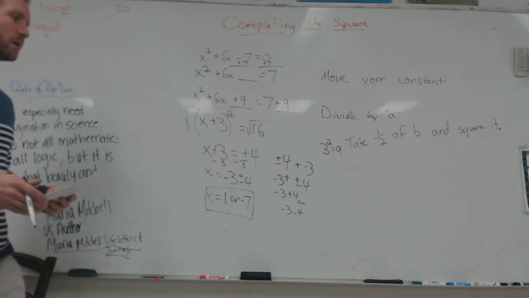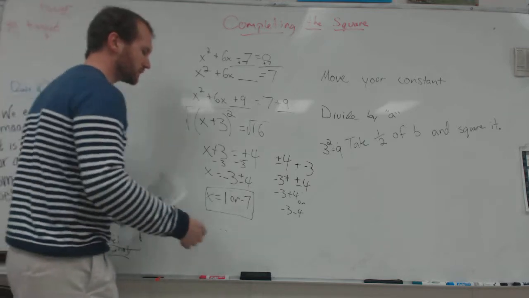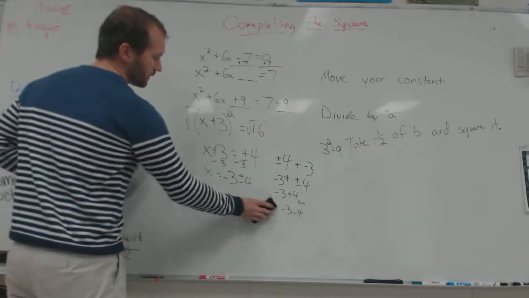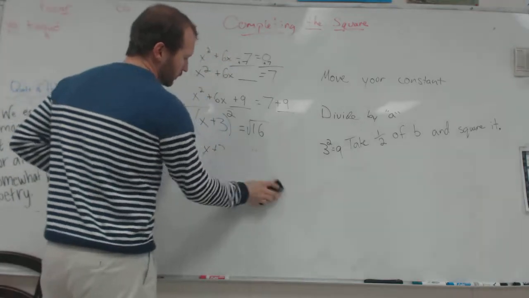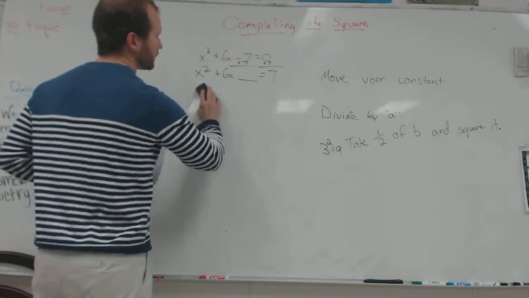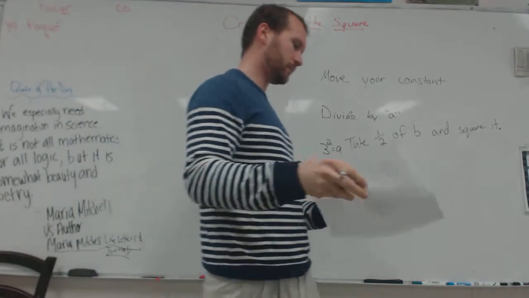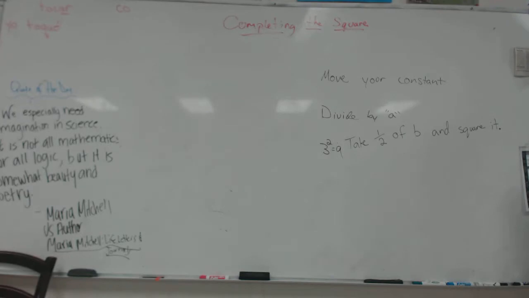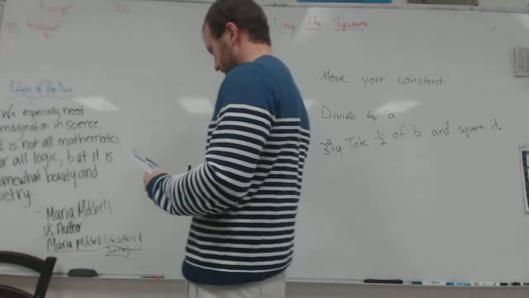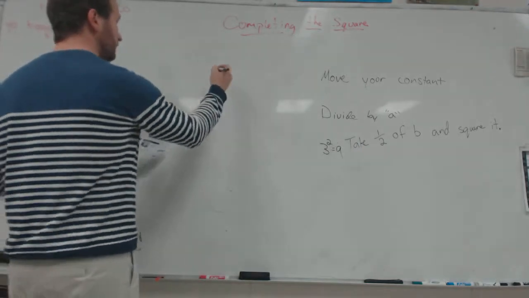Let's do another example, because I think that first example was so complicated. Let's try another simple one, just to get through the procedure. So, what if we had? We haven't done this one yet. Okay.